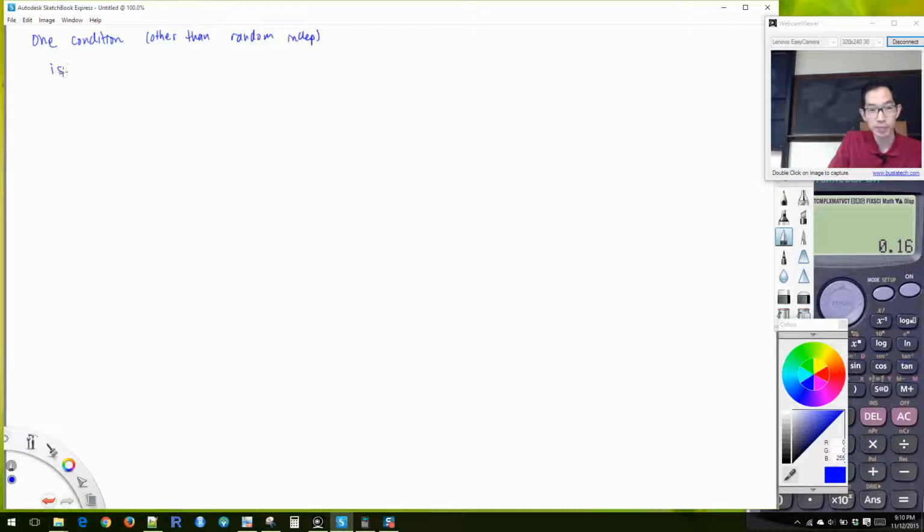Okay, so one condition other than random and independent is that the expected counts for all categories have to be at least 5.